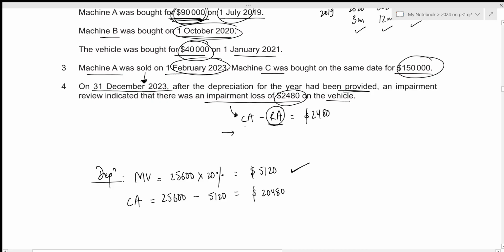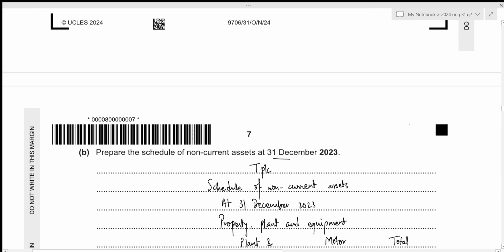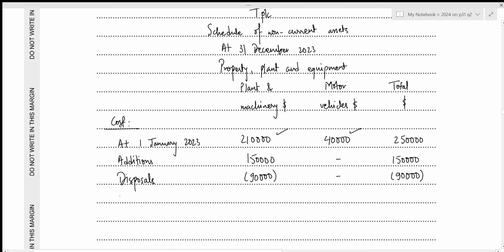Now if we include this amount here, we can easily solve for the recoverable amount. So the recoverable amount will be equal to 20,480 minus 2,480, which results in 18,000. So this is the new cost to be shown at the closing date for our motor vehicle, and we need to adjust the required amount accordingly under the heading of impairment.